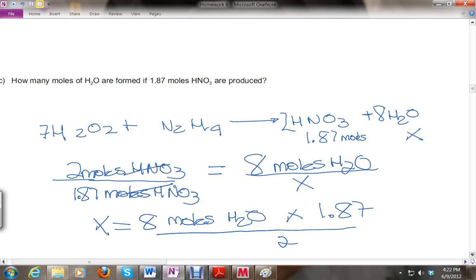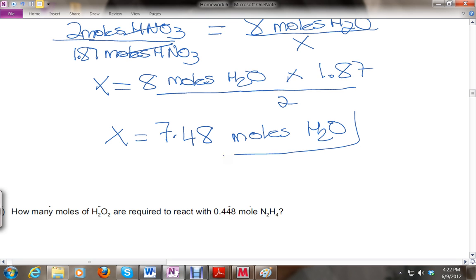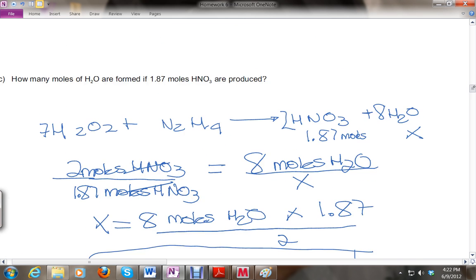And that is going to give you, as I said, I already calculated those numbers, 7.48 moles of H2O. Remember, you have to be cautious about the sig figs at the end of the problem, and it's 3 sig figs again.